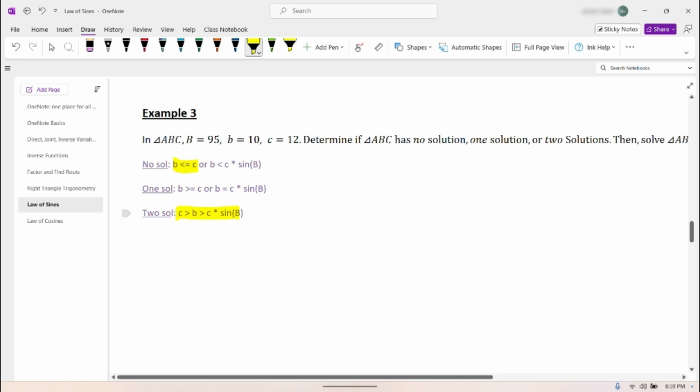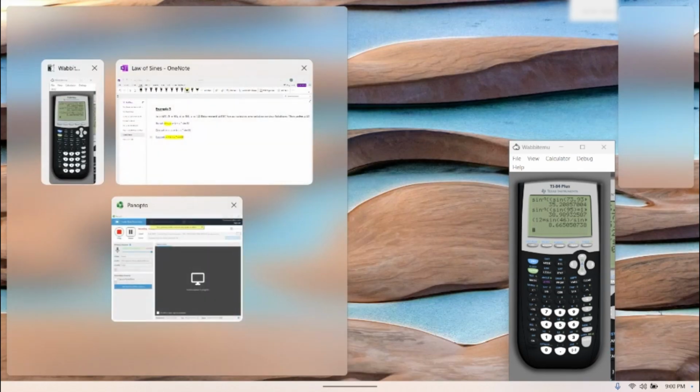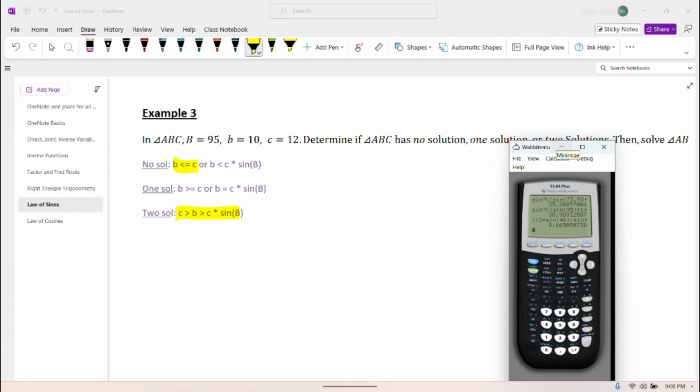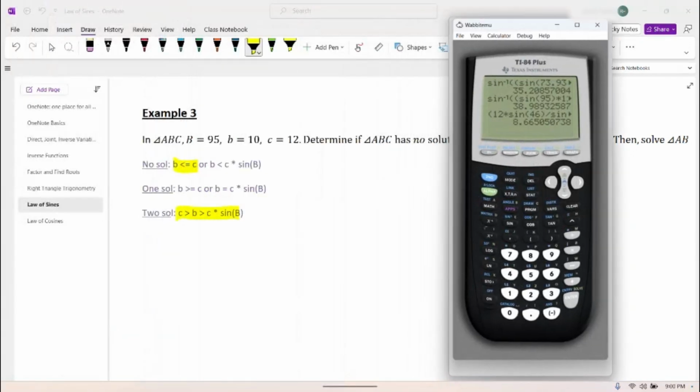So just because b is less than c doesn't mean we can say that we have no solutions. We need to check if b is greater than c sine B, so that's all we need to check. So get our calculator. So is this bigger?